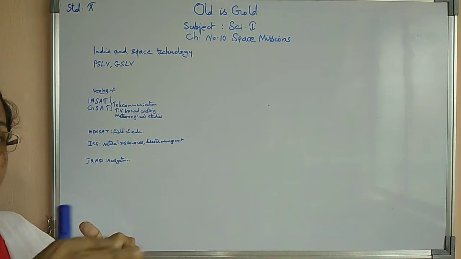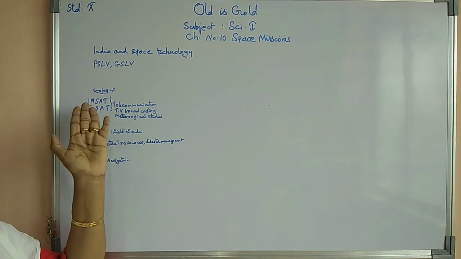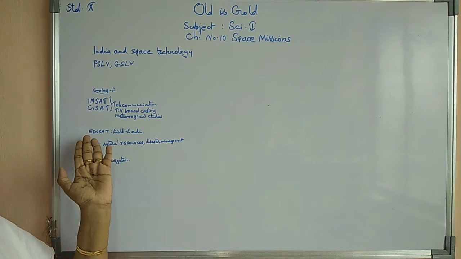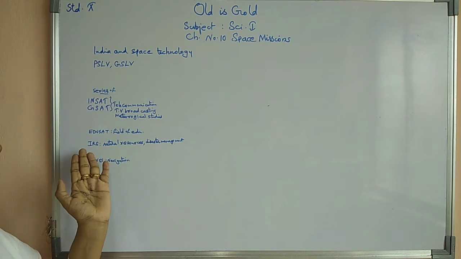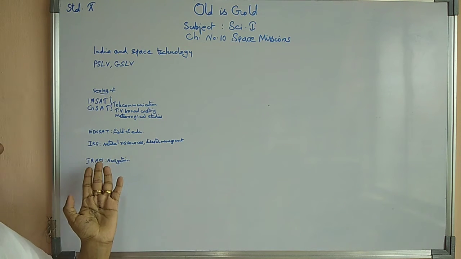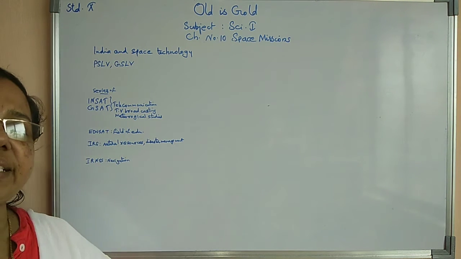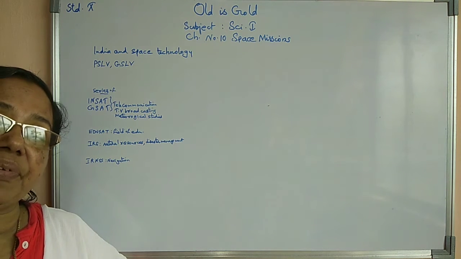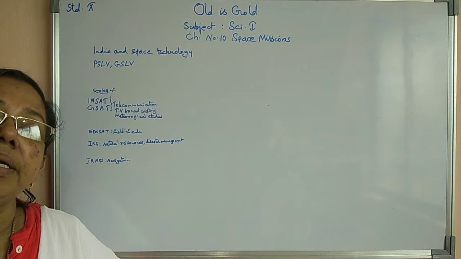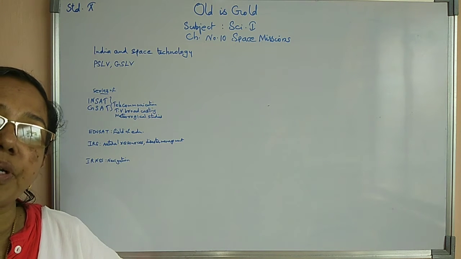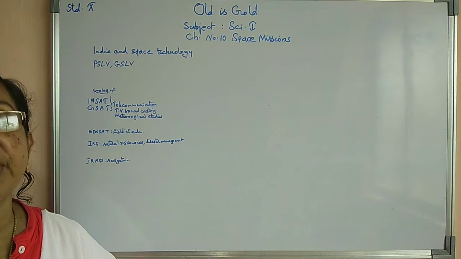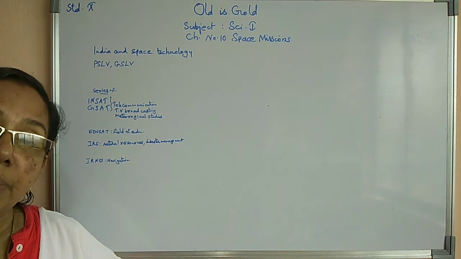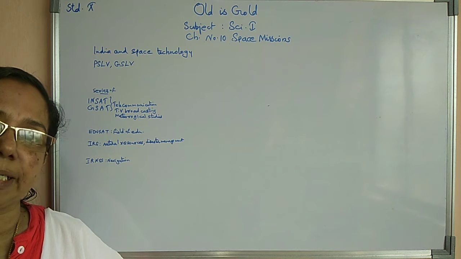Series means the number of GSAT satellites, the number of INSAT satellites. Then here, the number of EduSat satellites, then the number of IRS satellites, and the number of IRNSS satellites. In that way, many satellites are already placed on the orbit of the Earth, even on the orbit of the Moon, then Mars, even other planets.